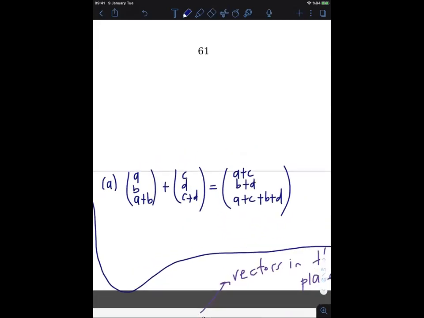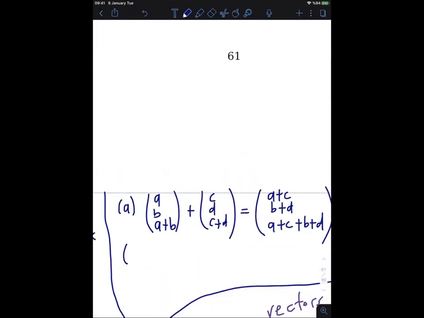What does it say? Take any number k and multiply it with a vector of this form and see if the result is still in this form. So what do I get? ka, kb, and ka plus kb. Is the result still in this form? Is the third coordinate the sum of the first two coordinates?